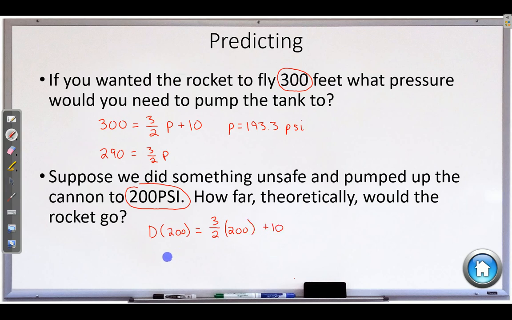This we can do in our head, I believe. D at 200 is equal to, the 2 and the 200 cross out a little bit. You're left with 100. Times 3 is 300, plus 10 is 310 feet. Which is quite far. Again, it's all theoretical, but we can do predictions like that if we have a model for this experiment.